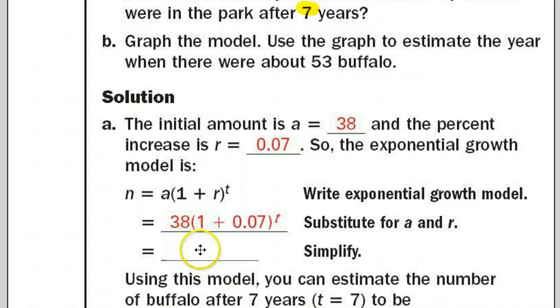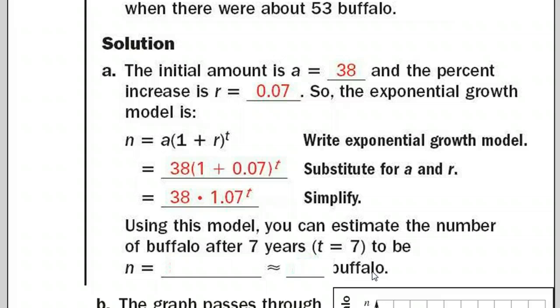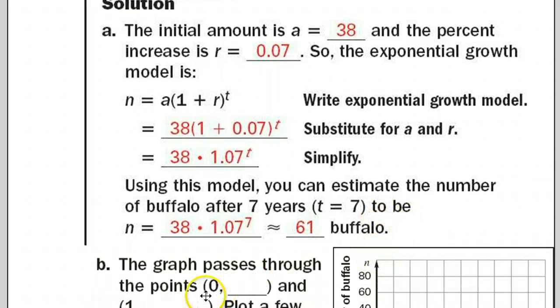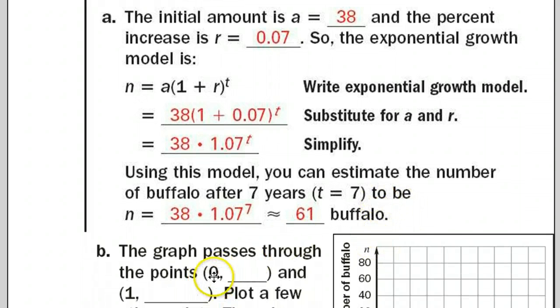So let's see. I plug that into the calculator and I calculate it, and the answer will be around 61 buffalo. Okay? If they want me to graph this, all I have to do is graph the starting value, which is the original value, 38 buffalo, and then pick another point.